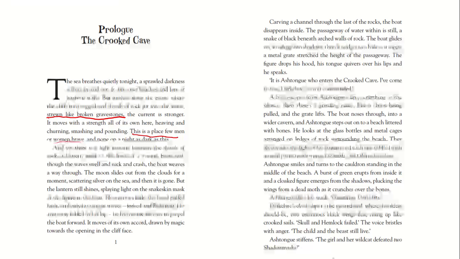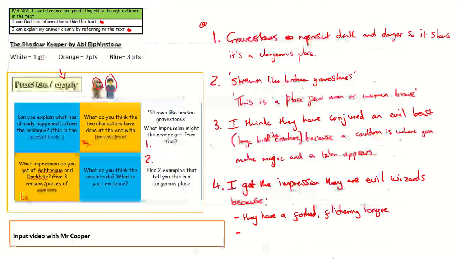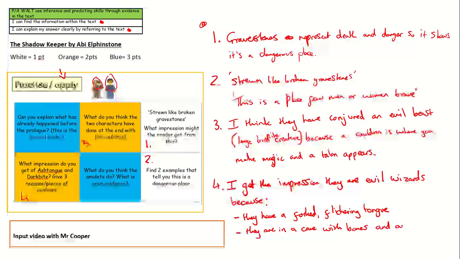I mean, they're in something called the Crooked Cave. They're in a cave. Oh, where they are. Oh, yeah, well, they are in a cave with bones and animal parts.